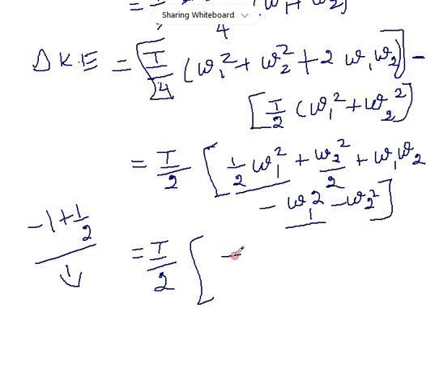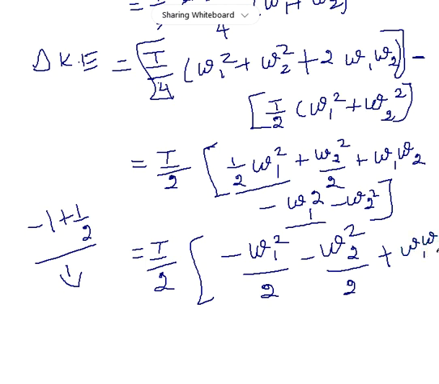So the answer is minus omega 1 square by 2, right? Minus omega 2 square by 2, because in omega 2 also there is minus 1 omega square plus half omega square. So when you add both of them, you get it like this, right? Then plus omega 1 omega 2, right?